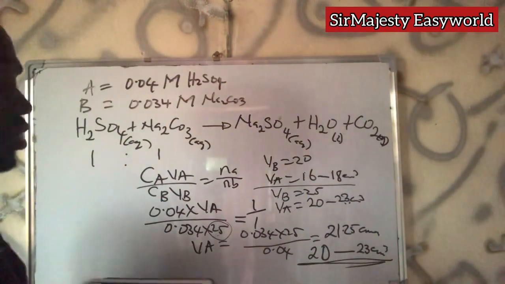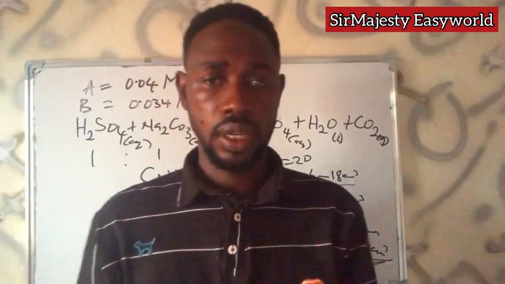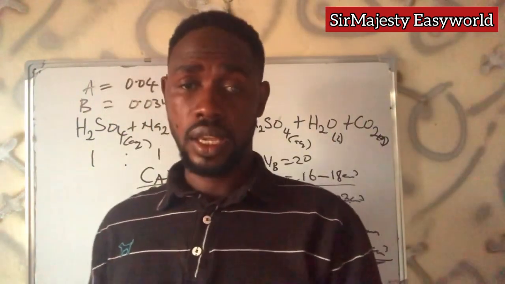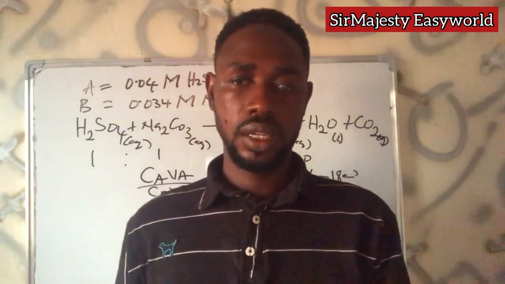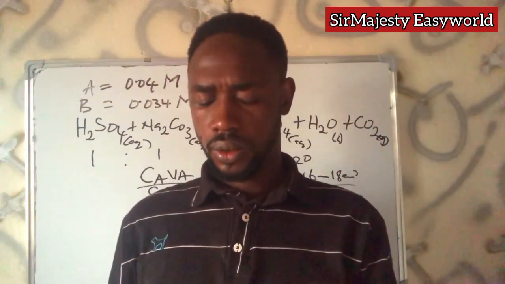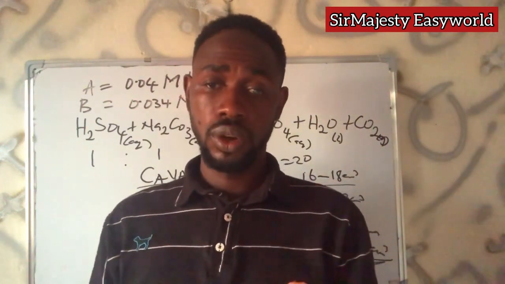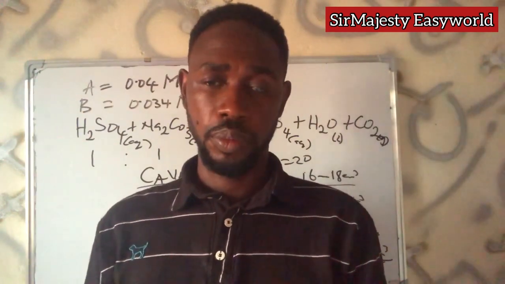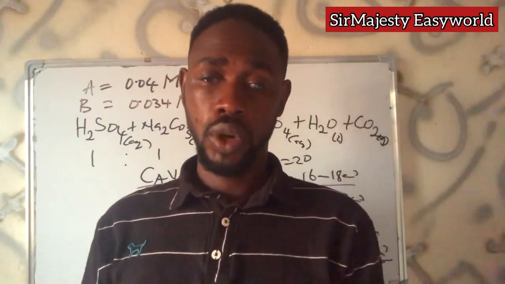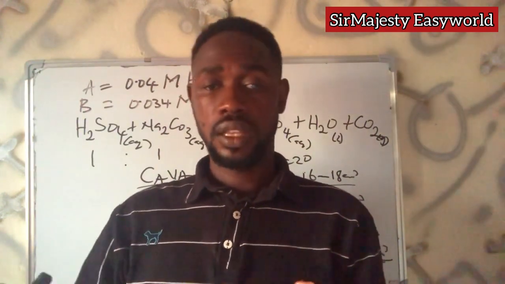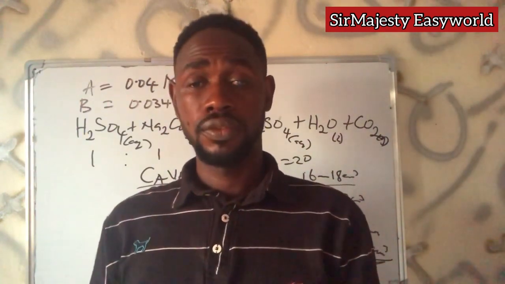This is the range. Then, to remind you once again, the rule in titration, if I'm the one analyzing, or any exam body, what they are marking is actually how your students were able to come to the close range of what you filled in the report form. So if they don't vary with more than 0.2 from the average titre you recorded in the report form, they'll get the full mark.